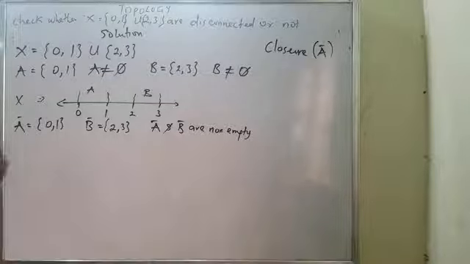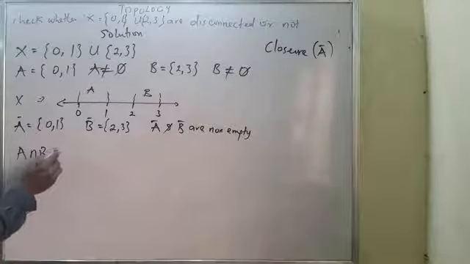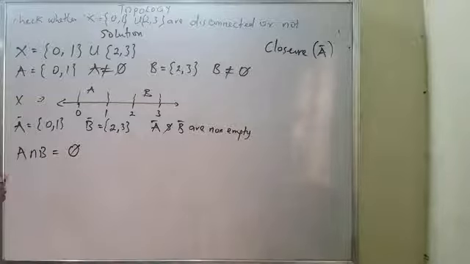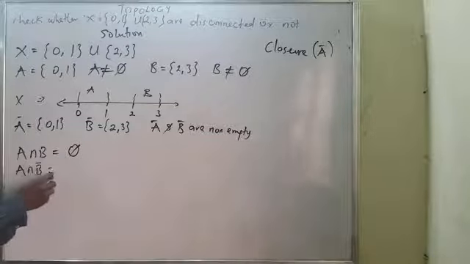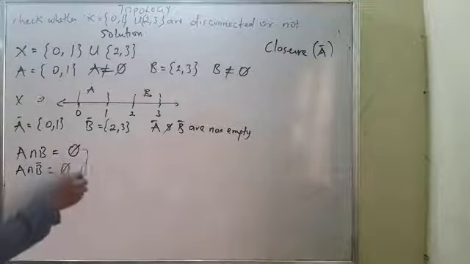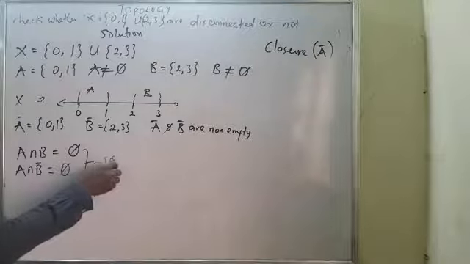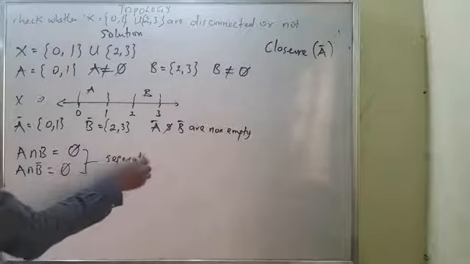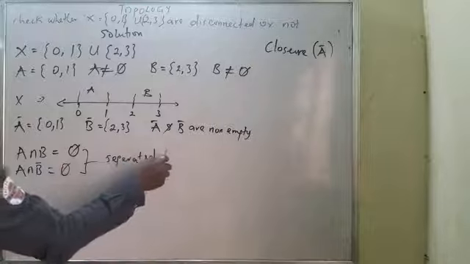Now from here, A intersection the closure of B is empty, and the closure of A intersection B is also empty. We call these separated sets.